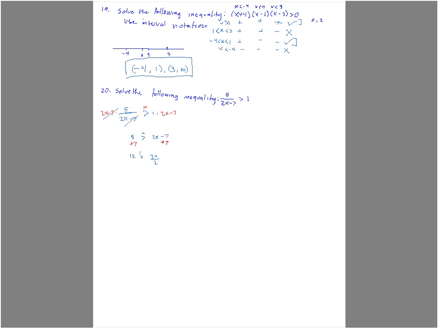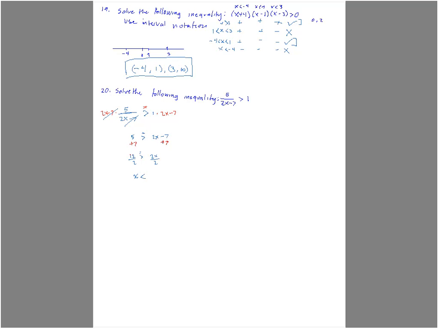And our final answer is, now, check this out. You have to be careful, because I'm moving the x to the other side. That means I have to also change the orientation of the symbol in the middle. So instead of it being is greater than from left to right, we'll say it's less than from left to right.